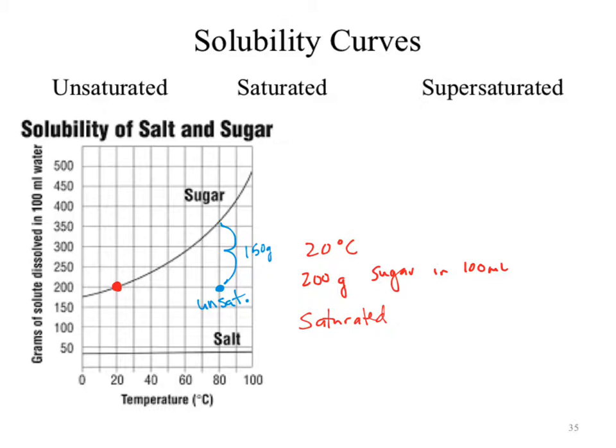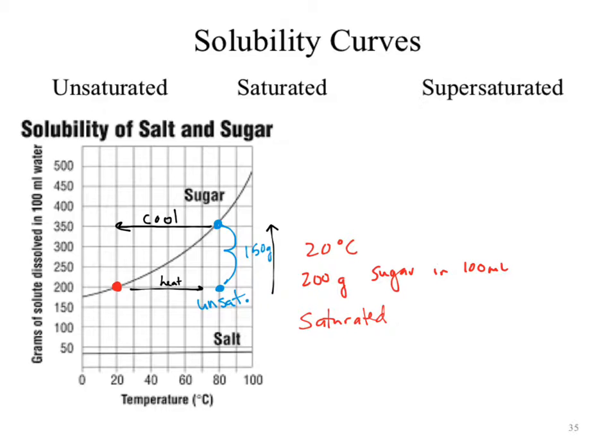Okay, so let's heat it up to that 80 degrees. We get it up to that point, and now I decide I'm going to cool it down. What happens? So we heated it up, then we added more sugar, and now I want to cool it down. I'm going to cool it back down to 20 degrees Celsius. What happens when I cool it down?